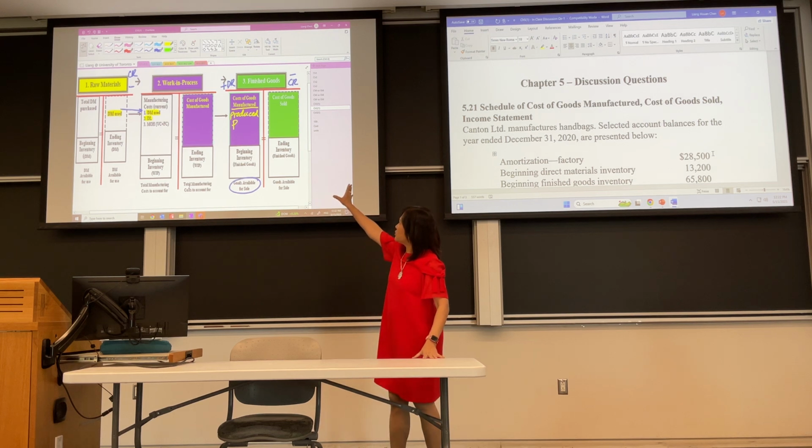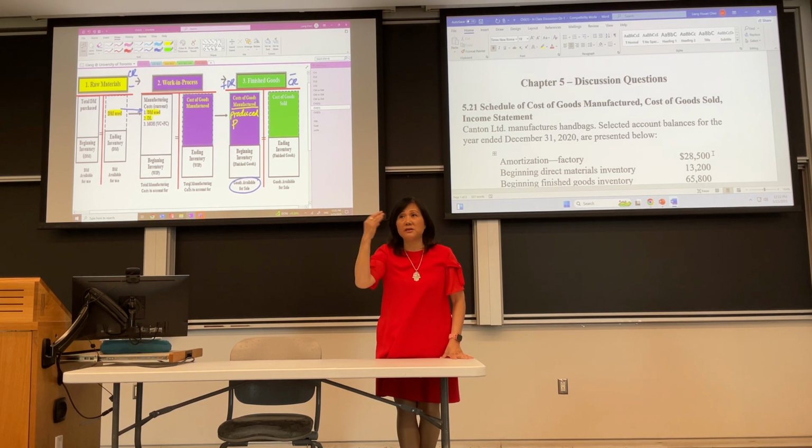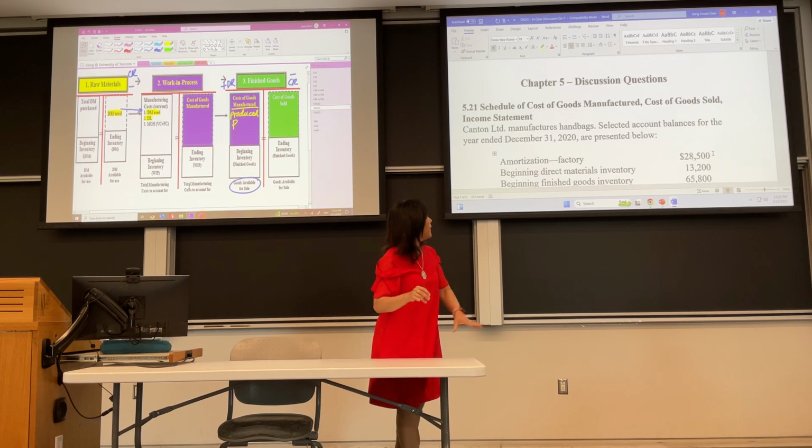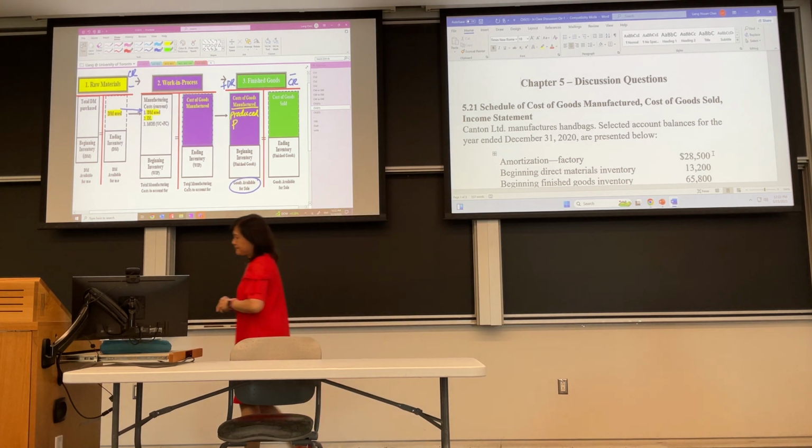And you have this chart. It's better for us to use the visual effect first, then you can figure out the missing information. So the question wants us to figure out cost of goods manufactured, cost of goods sold, and the income statement.